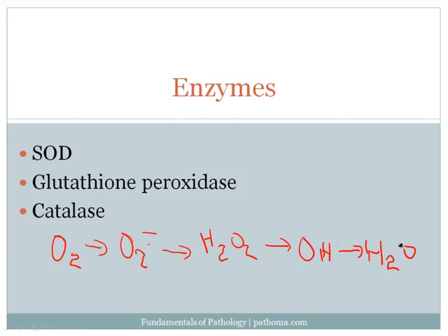And then I use this paradigm to remind me of the enzymes, because each of these three free radicals is handled by one particular enzyme, or predominantly by one enzyme. The first one is easy. This one is superoxide, and guess who handles this? Superoxide dismutase. So superoxide dismutase takes out superoxide.